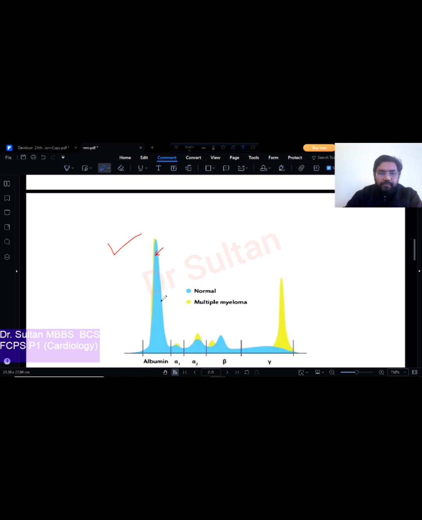But if you see the yellow waves, the albumin here, the alpha 1 segment up to alpha 2, beta, and the gamma segment shows a sharp rise. If you consider the yellow waves, it shows a differential of multiple myeloma.